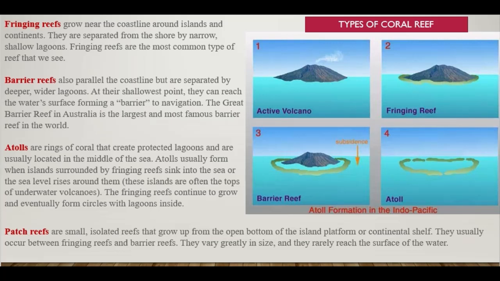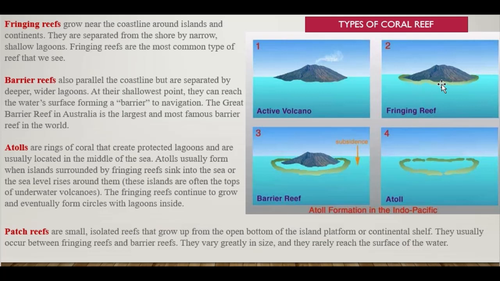The fringing reefs, if you see in this diagram, grow near the coastal island, and they are separated from the shore. They are the most common types of reef which you see. Whenever the water level decreases, coral reefs are formed like this.